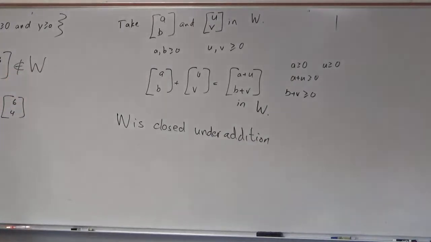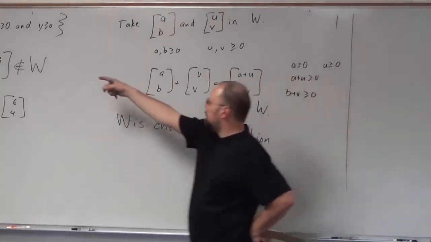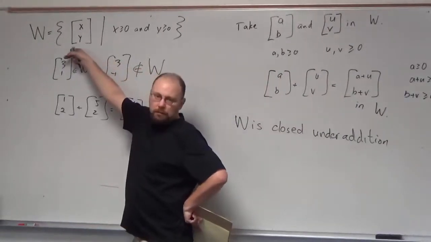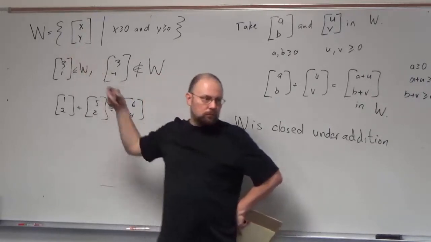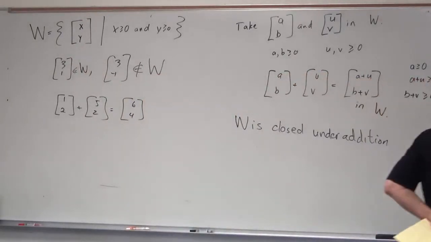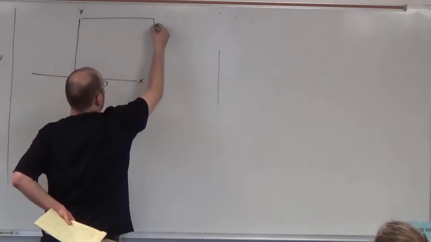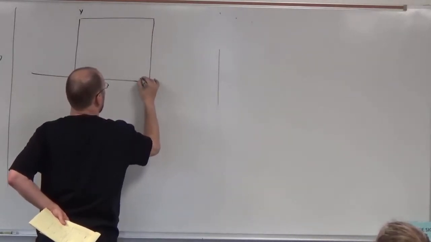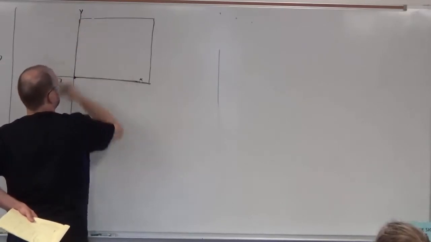So what about scaling? Is W closed under scaling? Does anybody know what this looks like graphically, the set W, or geometrically? What is this? If you drew it in the XY plane, this would be the first quadrant, right? With the axes.